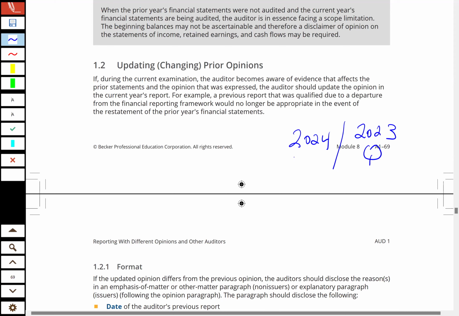For 2024, we'll just say I'm unqualified. Okay. And then when I come back, you show me the 2023 statements again, and you say, look, I fixed that problem. And I look at that, you show me the evidence, and I see that it is corrected, and there's the correct evidence to show me that the amounts are right in the financial statements. Is it okay for me to do this?